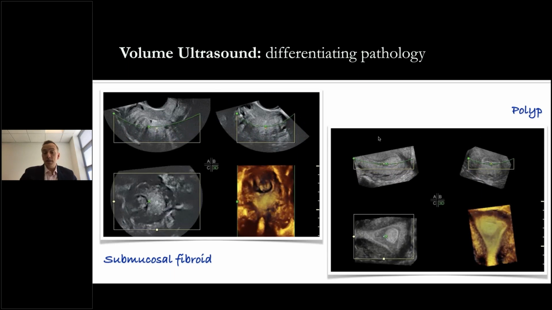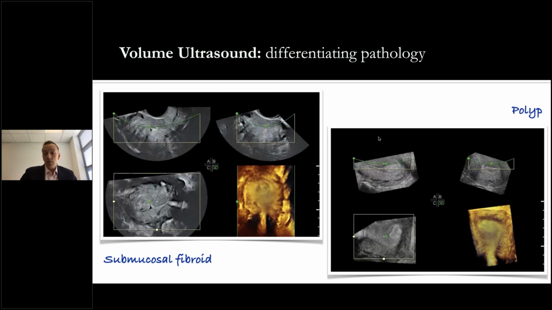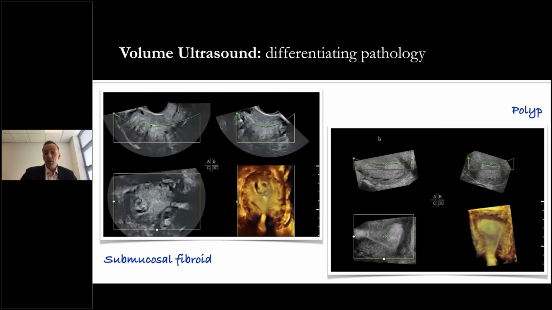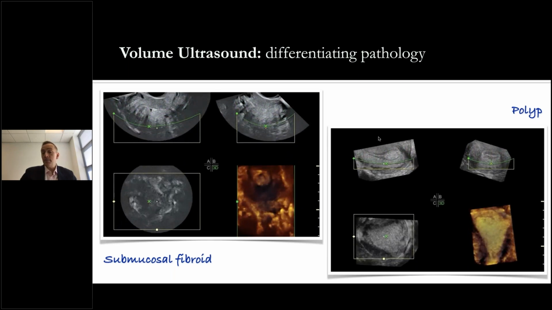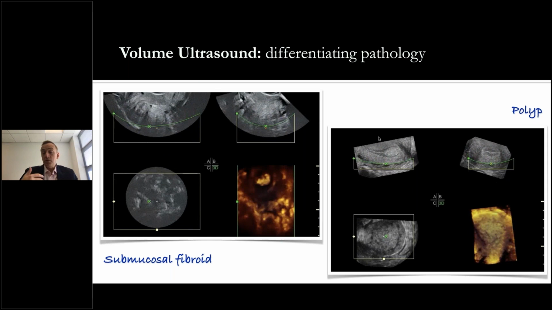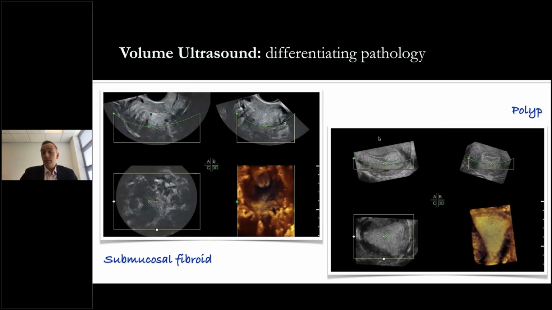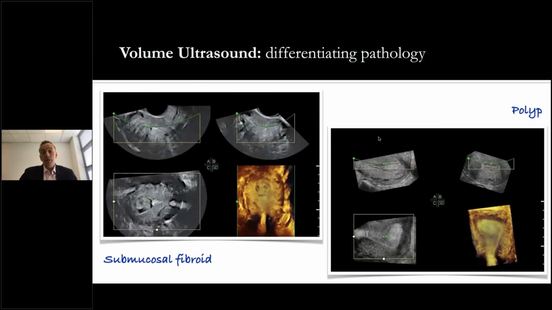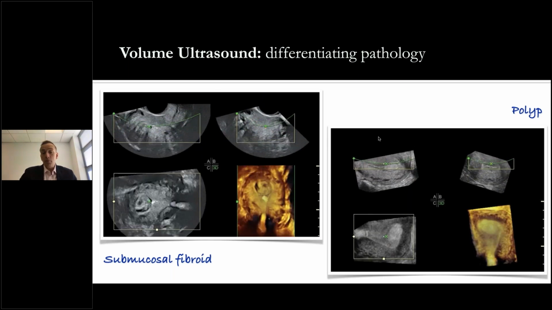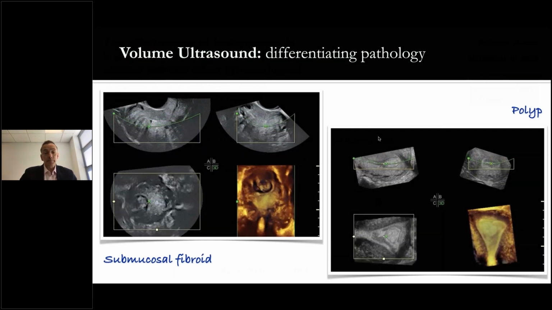Do you need to do this to make these diagnoses? No, and not in most cases. But if you're uncertain, again, apply 3D and look at the different rendering techniques. It may be that the multiplanar view will give you the information you need. It may be rendering will help you. It may be that TUI will help you. But try, and one of them will hopefully give you the answer.